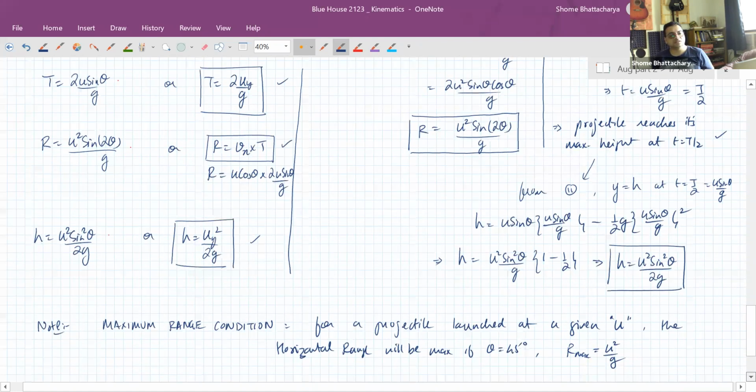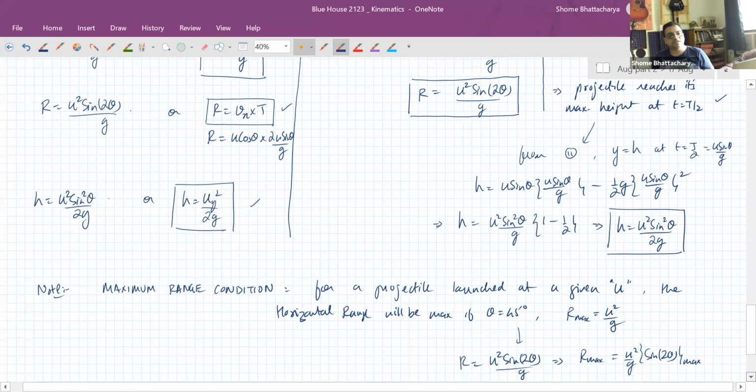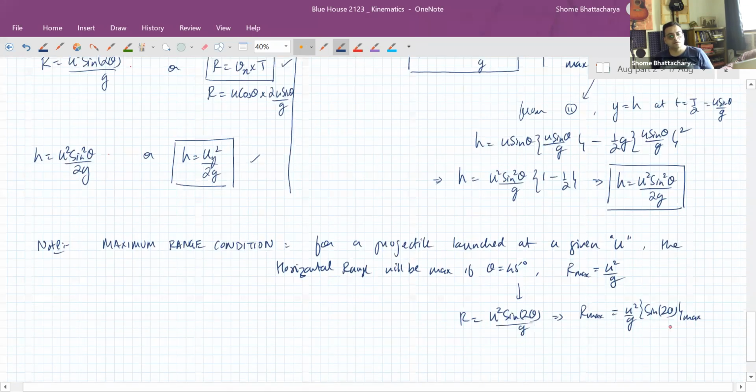So this is easily understandable from that formula, u square sine 2 theta by g. So range's maximum value will be u square by g into sine 2 theta's maximum. And sine 2 theta's maxima, as you know, is 1.